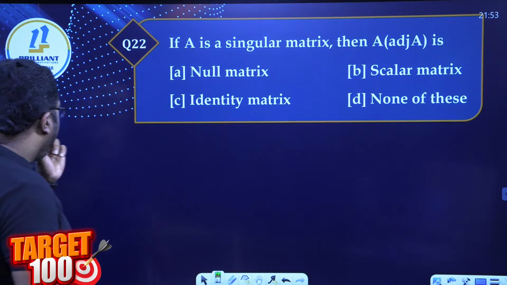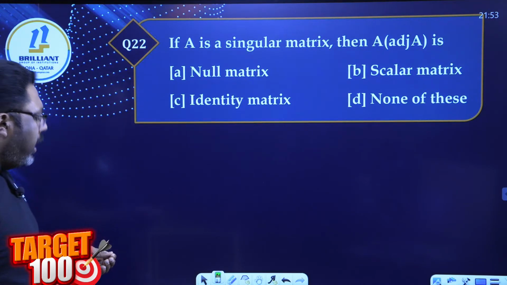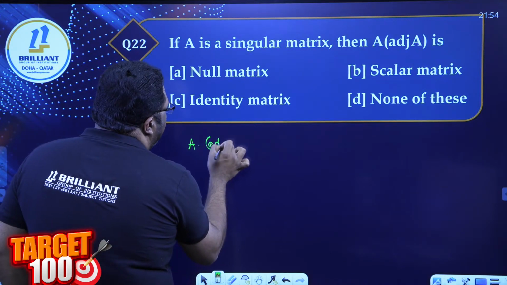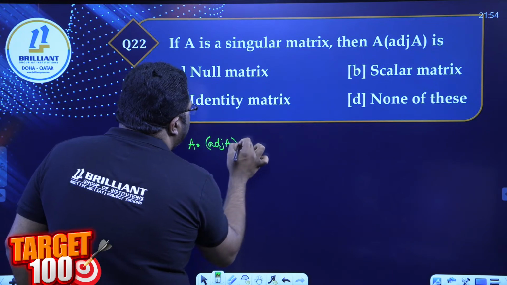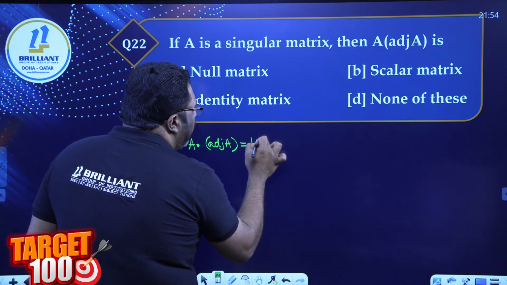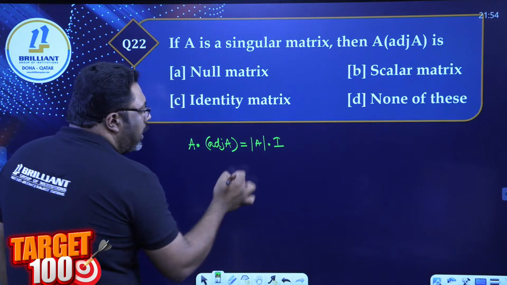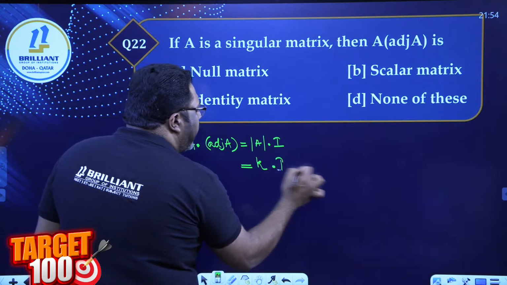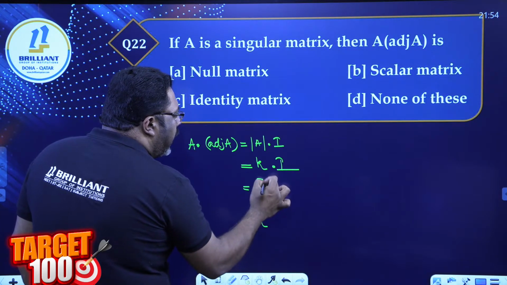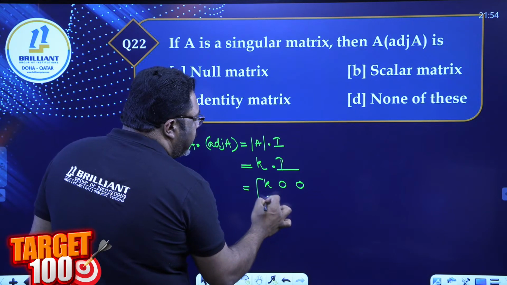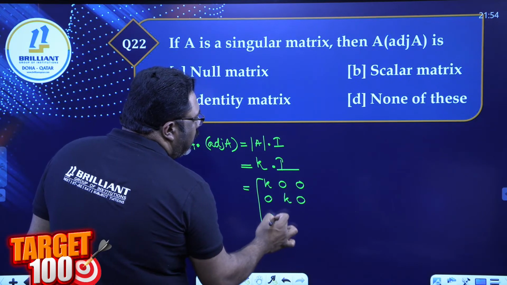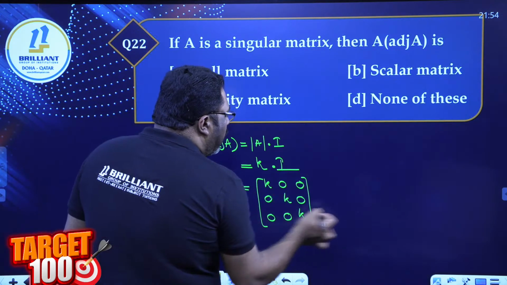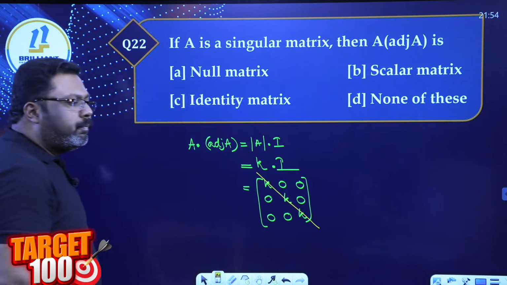A is a singular matrix. Then what is A into adjoint A? The last 5-star property I said, A into adjoint A is determinant of A into I. If I say determinant of A is some number called K, multiplied to the identity matrix I, it is going to look like K 0 0, 0 K 0, 0 0 K. It's a matrix where all the diagonal elements are the same.